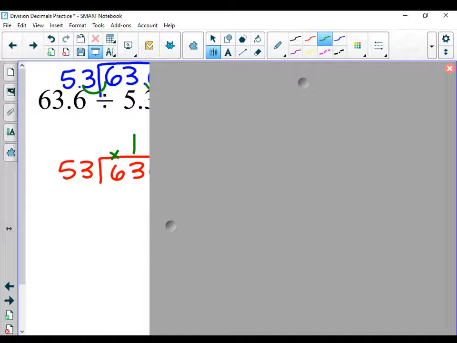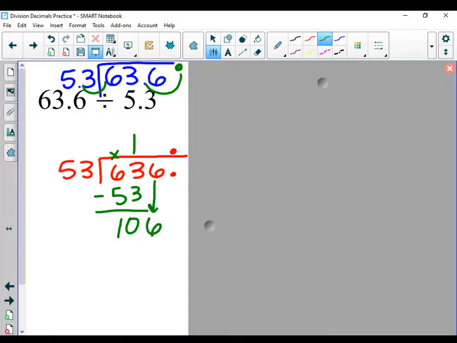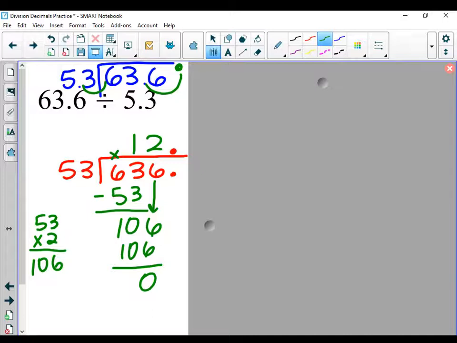Once. 53 into 106. I'm pretty sure it's 2, but I'm going to check over here. Voila, look at that. Do I need a negative? Nope. My answer, 12.